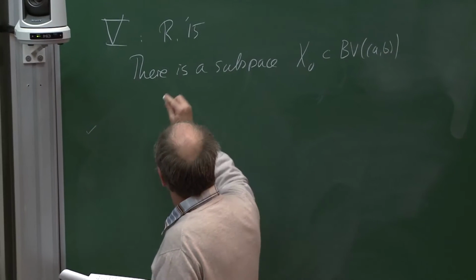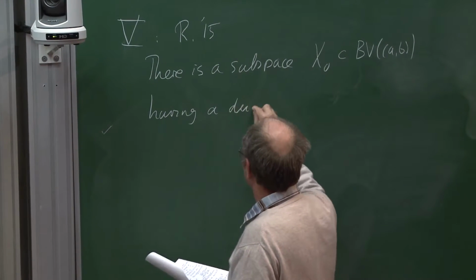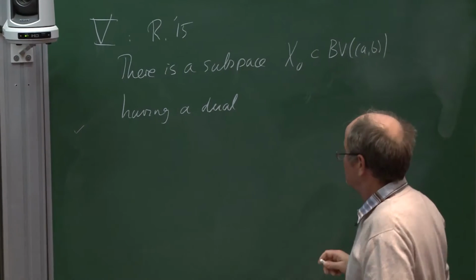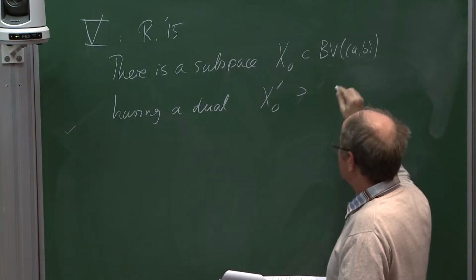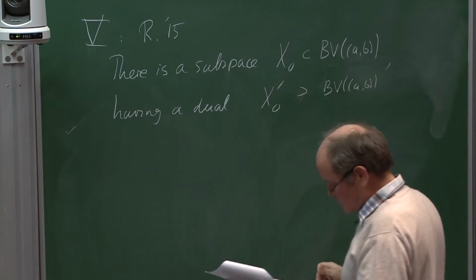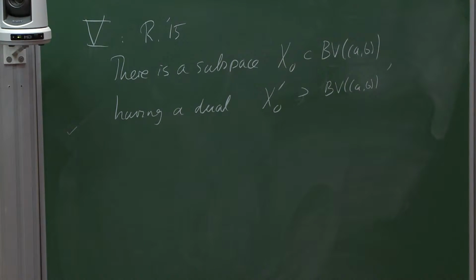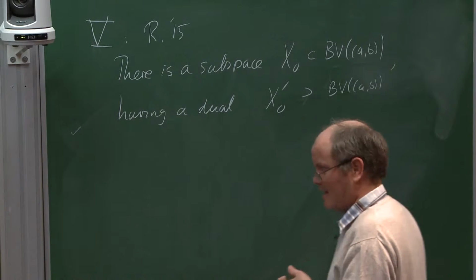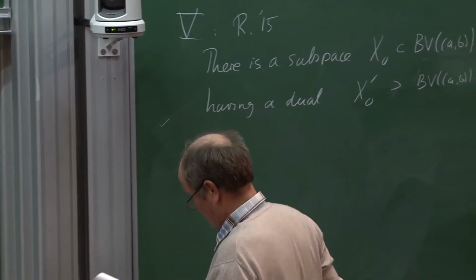And then having a dual, and this time it's a real Banach dual, so X0 prime, which would contain this dual here but be somewhat bigger. In particular, it would be allowing for representation in terms of real nice L infinity functions.